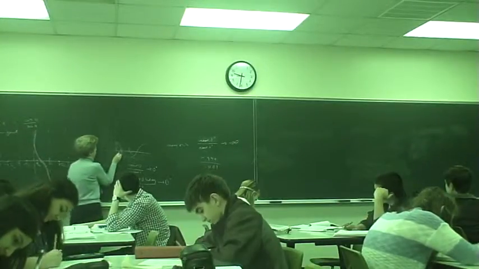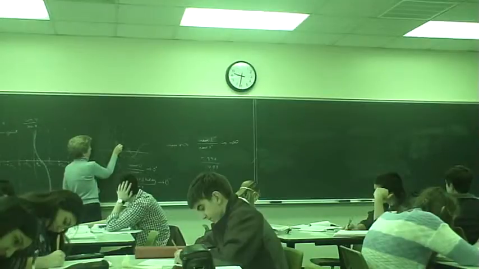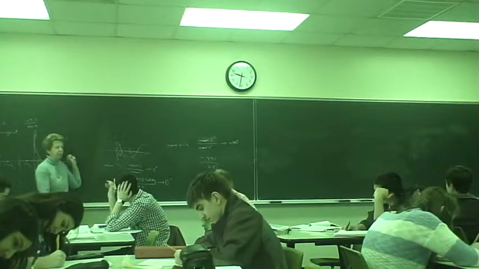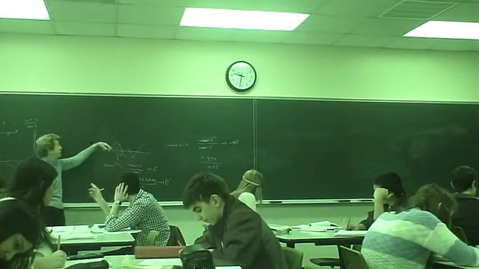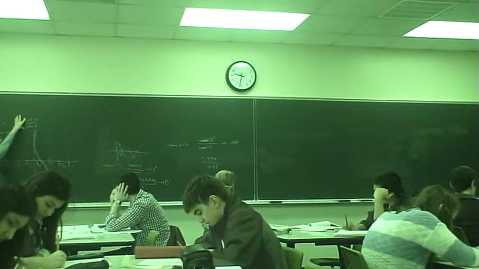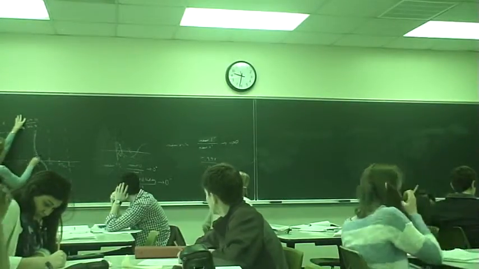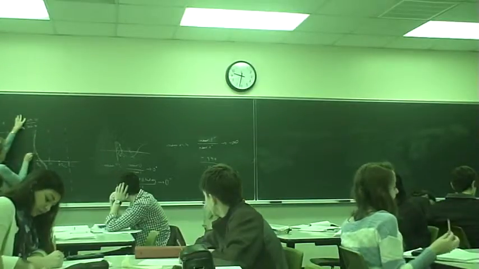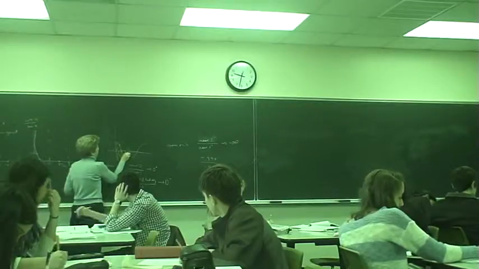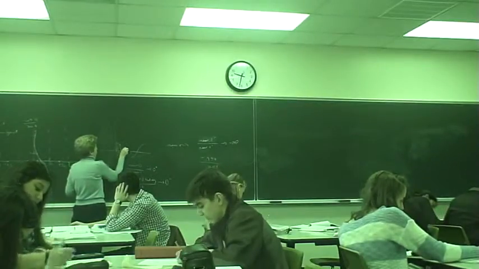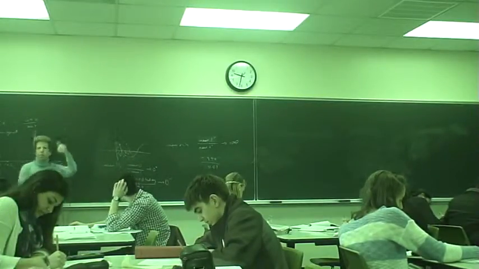That's where it's 1, where sine and cosine are equal, and the quotient would be 1. And at 3 pi over 4, they're opposites, right? So the same amount above and below.